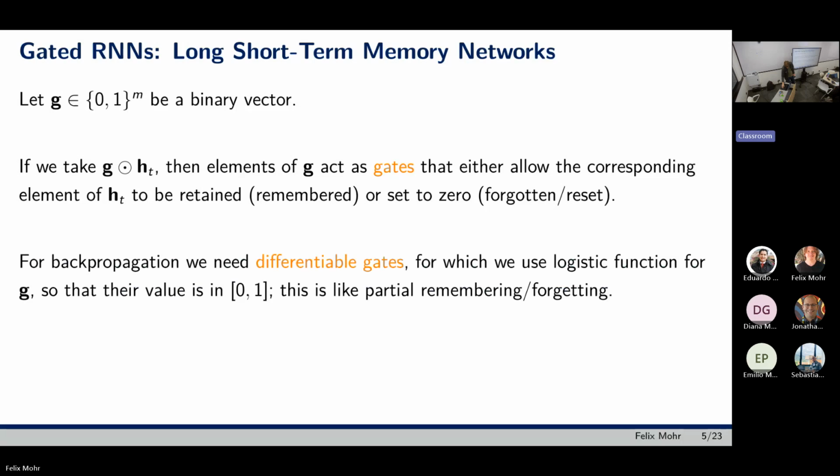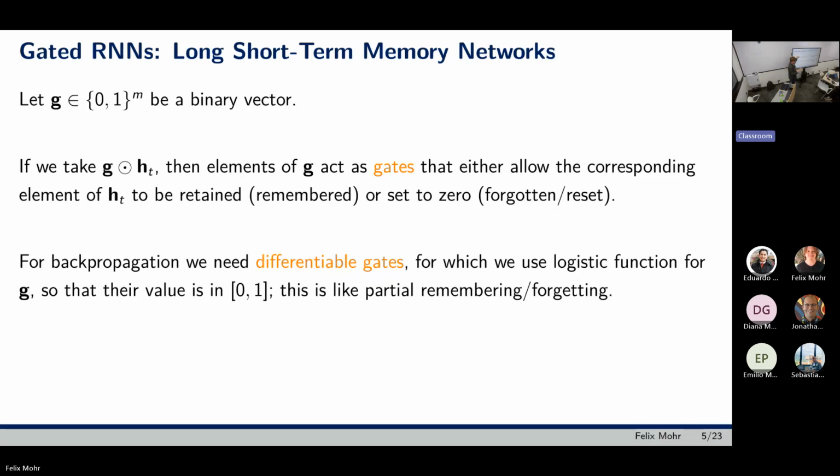Okay, so the problem is that this looks a bit harsh, 0 or 1, because it is already clear that we want to somehow compute this G. Where does this G come from? We will not set up some random vector, but this should be something that is learned.